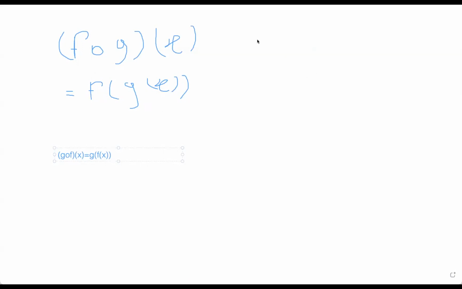How is this the chaining process now? I'll draw here. Suppose this is one function, that is f. And this is another function, g. This is the input, whatever the function written here is in terms of x.